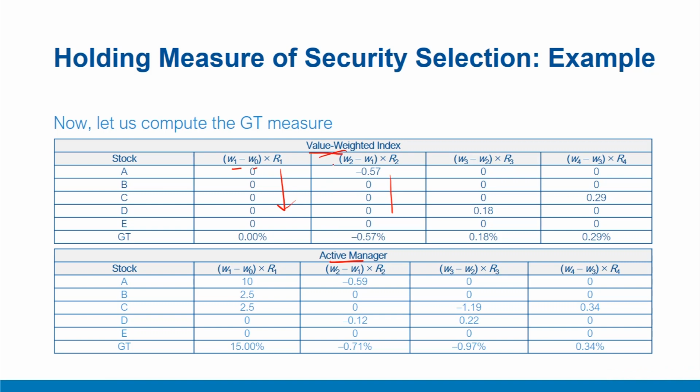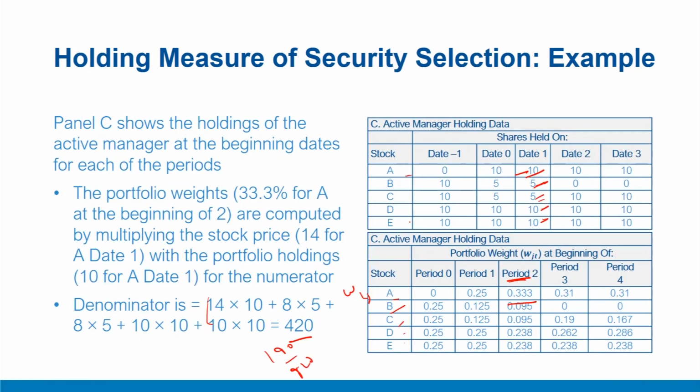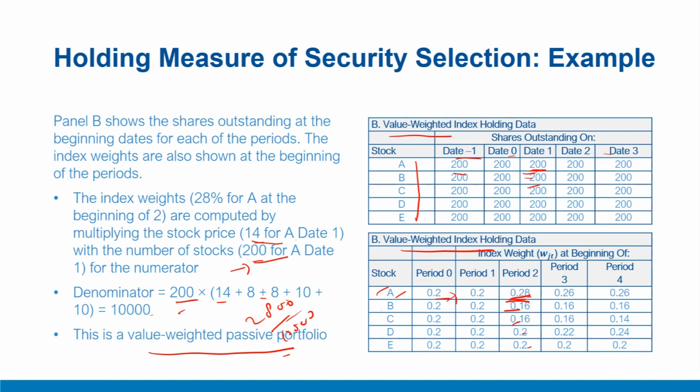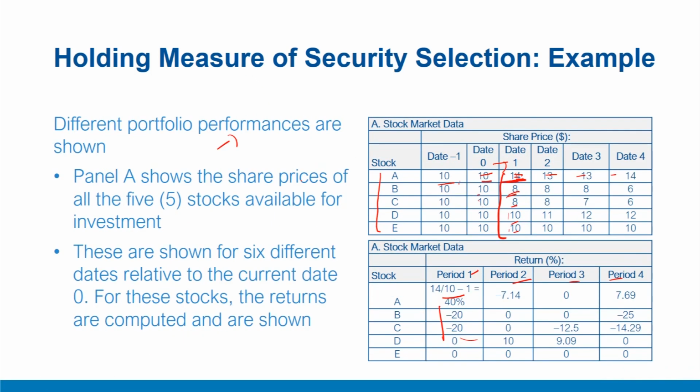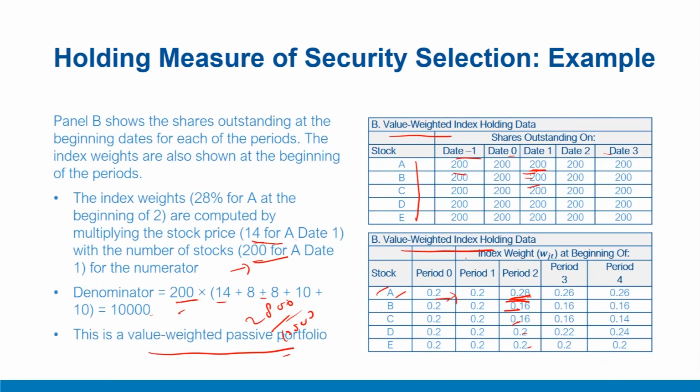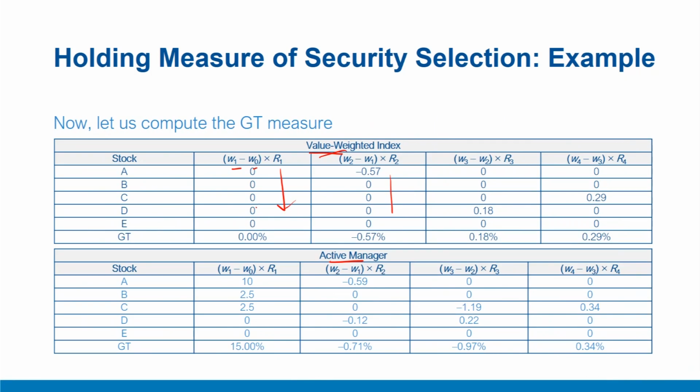For example, in the case of the value weighted index, we have the return R1 written for period 1, which is 40%, and the change in portfolio weight at period 1, which is here 0.2 minus 0.2, which is 0. So this is the change in weight into return.